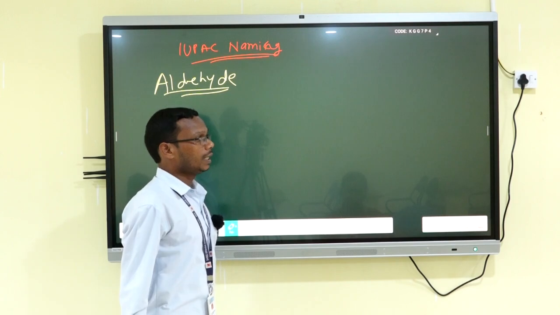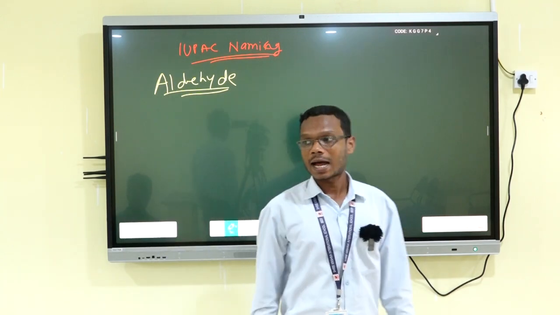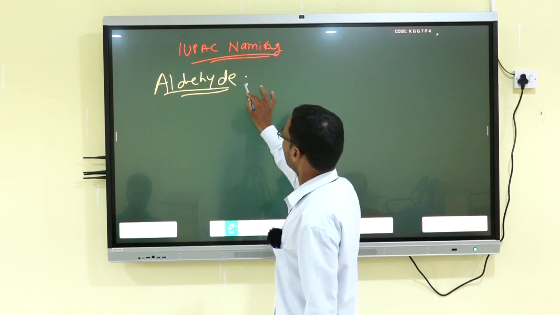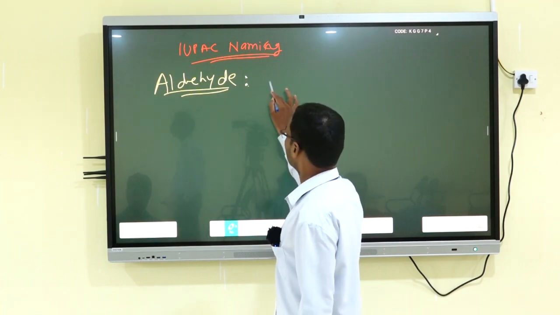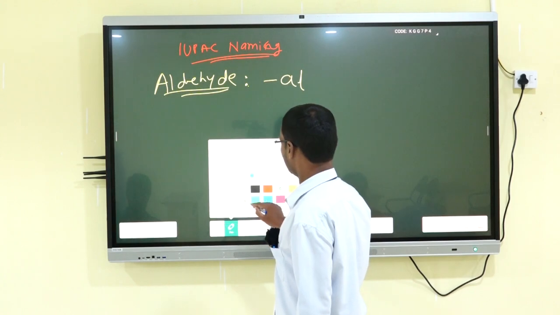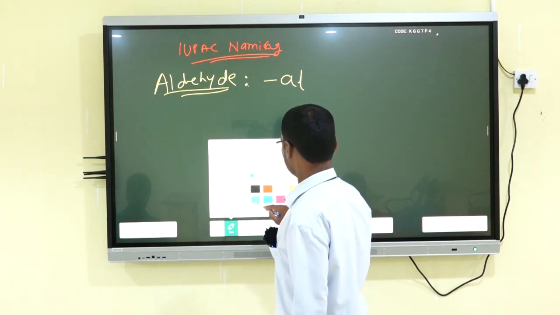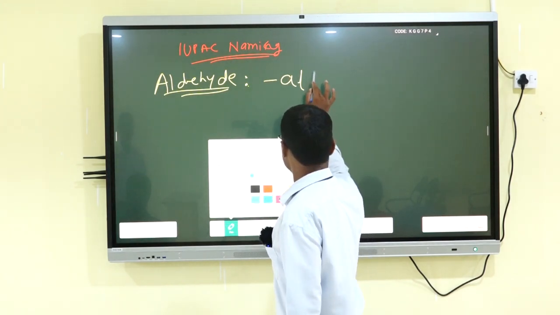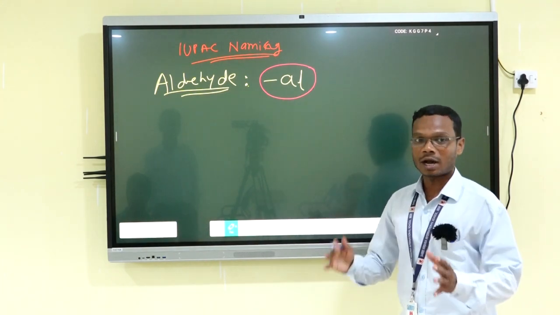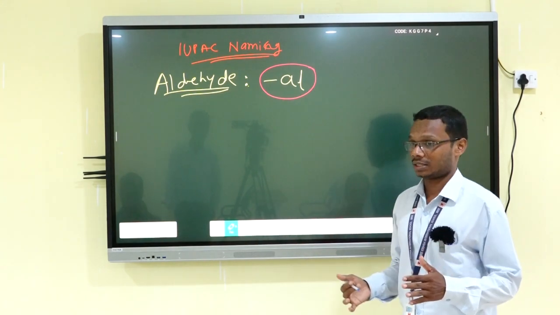In the IUPAC system, aldehyde is named with the suffix -al. One is suffix and another is prefix.